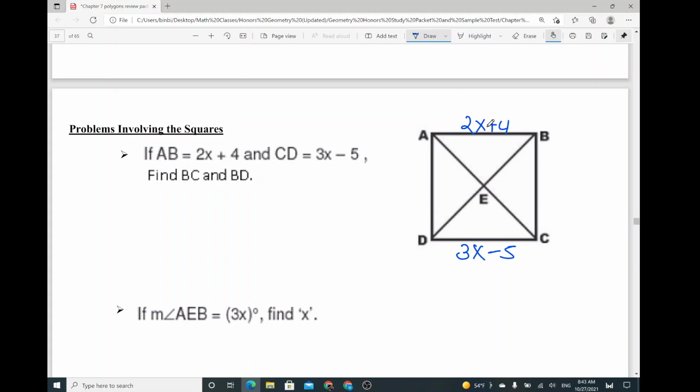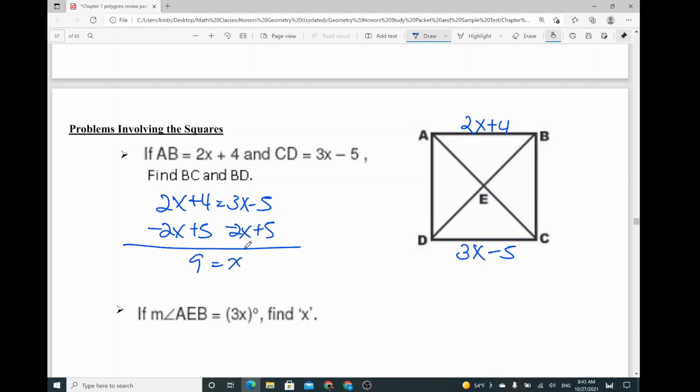First find the value of x. Since it's a square, we can set 2x plus 4 equal to 3x minus 5. Solve for x: subtract 2x on both sides, add 5 on both sides. We get 9 equals x. Then plug the number back into one of the binomial expressions.